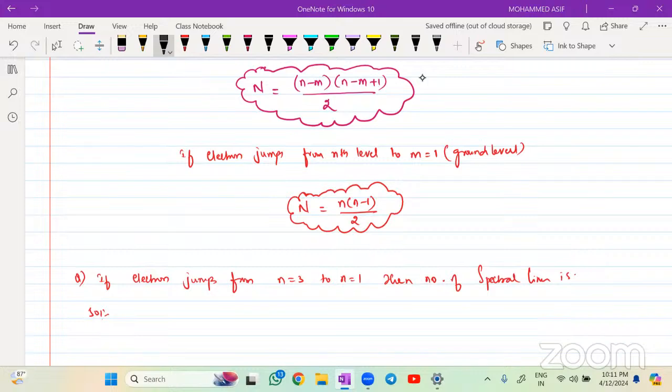Very good. Directly, n equals 3, that means capital N equals 3 into (3 minus 1) divided by 2. This is 3 into 2, 6, divided by 2. That will be equal to 3.